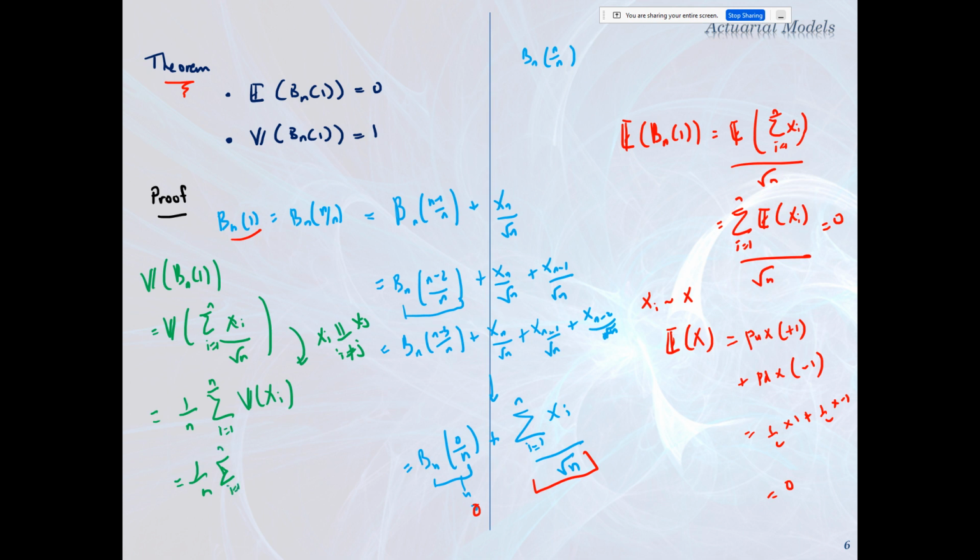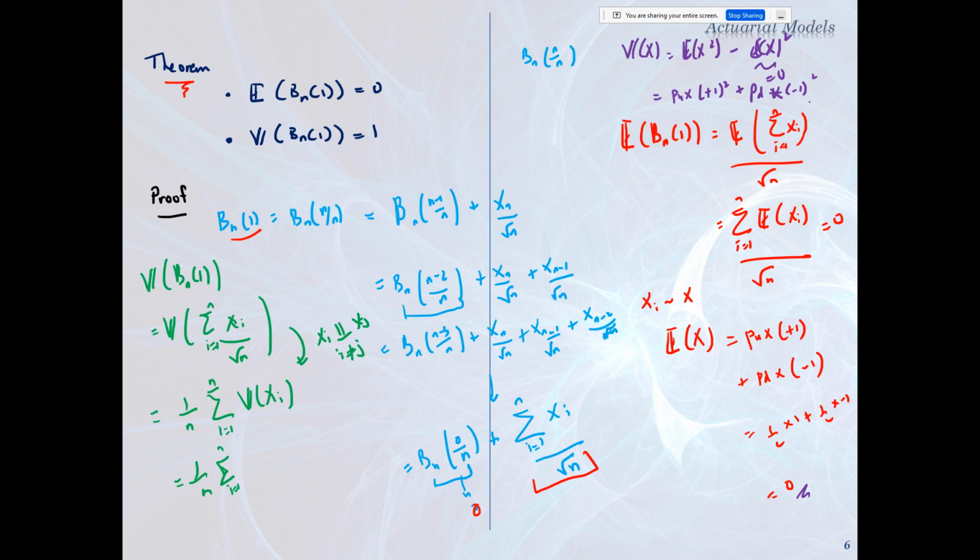So what is the variance of x? The variance of x is equal to the expectation of x squared minus the expectation of x, squared. The expectation of x is 0, as we calculated here. So what is the expectation of x squared? Let's take p up times the value of up squared plus p down times the value of down squared.